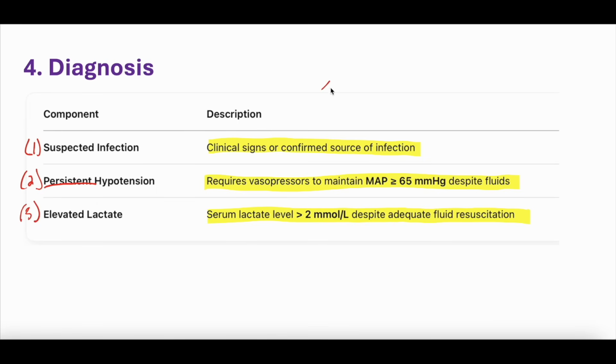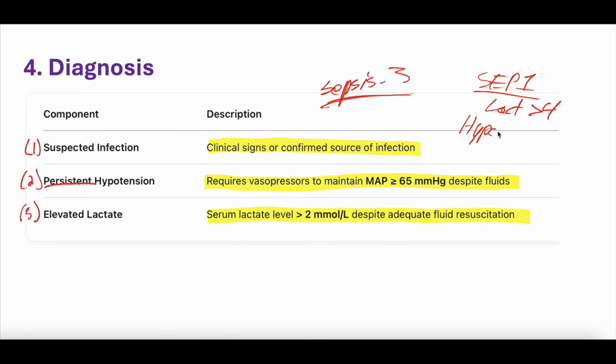Now, this is per those Sepsis-3 criteria. There's still kind of SEP-1 guidelines that we talk about too. And SEP-1 is just a lactate of greater than 4, independent of whether someone got fluid, or hypotension after fluid. So persistent hypotension defined as a MAP of less than 65 after IV fluids.